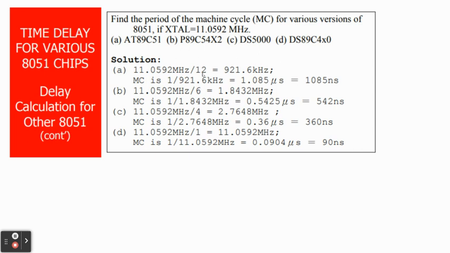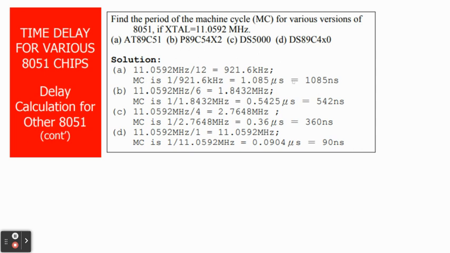Now, if we want to get the period, we know that the formula for period is equal to 1 over the frequency. So the microcontroller's period will be 1 divided by the frequency that we calculated, which is 921.6 kilohertz, and we will get an answer of 1.085 microsecond. If you want, you can also convert it to nanosecond by multiplying by 1000, and it will be 1085 nanosecond.